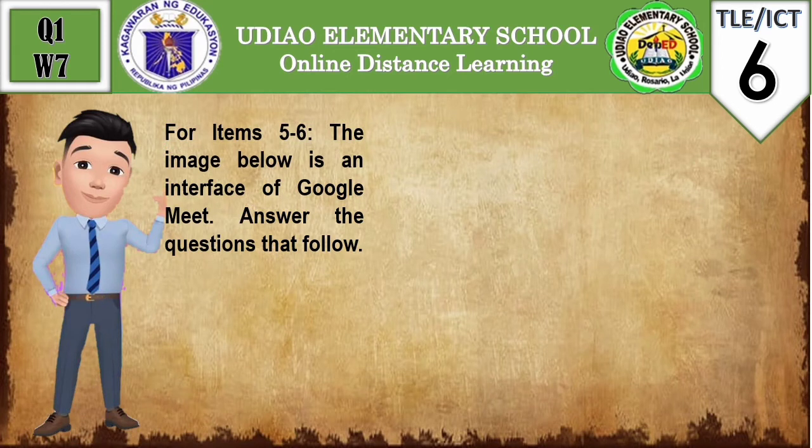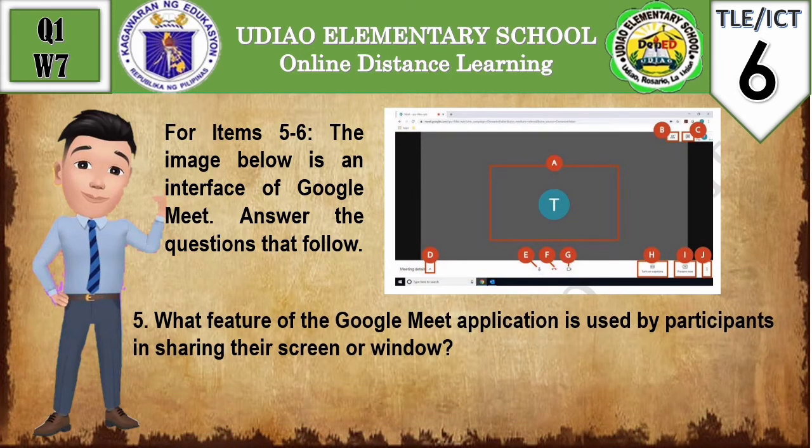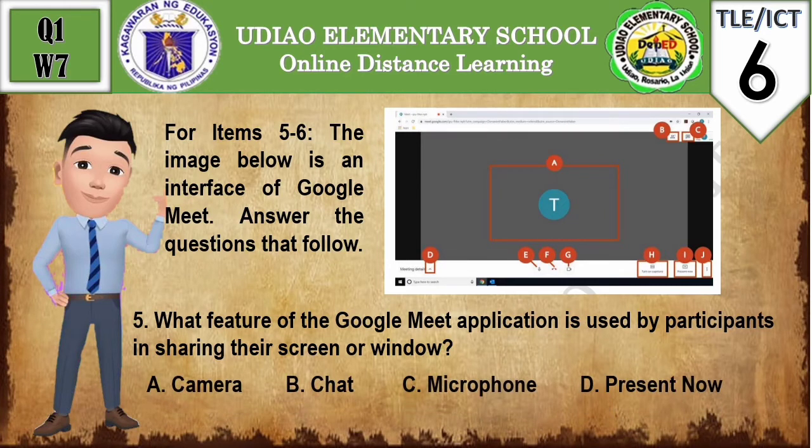For items 5 to 6, the image below is an interface of Google Meet. Answer the questions that follow. What feature of the Google Meet application is used by participants in sharing their screen or window? A. Camera. B. Chat. C. Microphone. D. Present now.